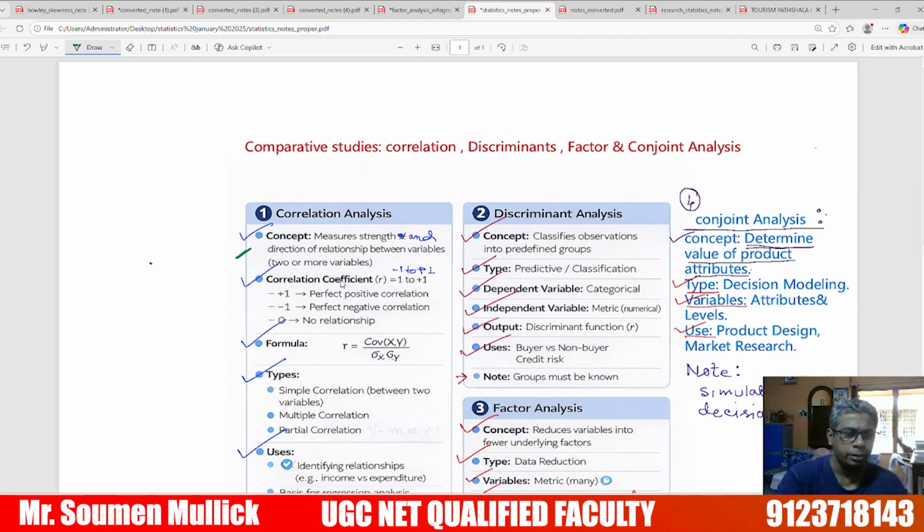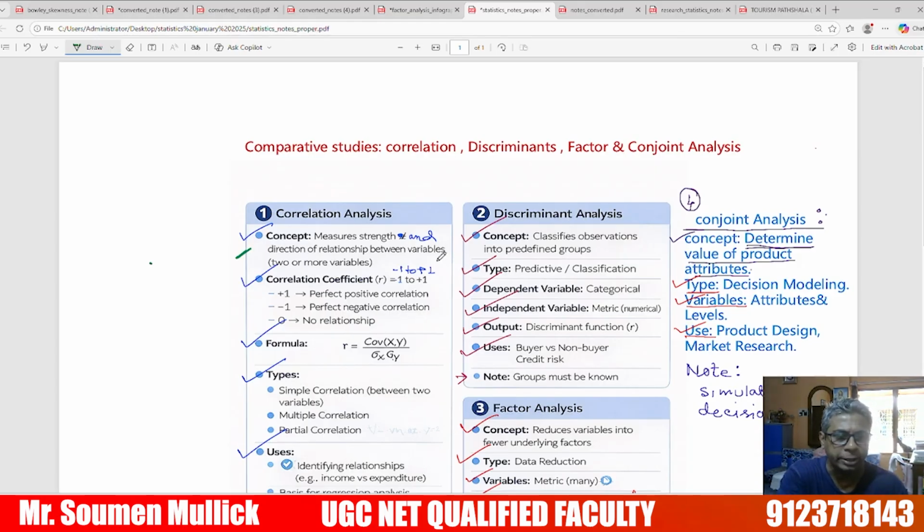Correlation coefficient +1 is a perfect positive correlation. When it is -1, it is a perfect negative correlation. 0 means no correlation.